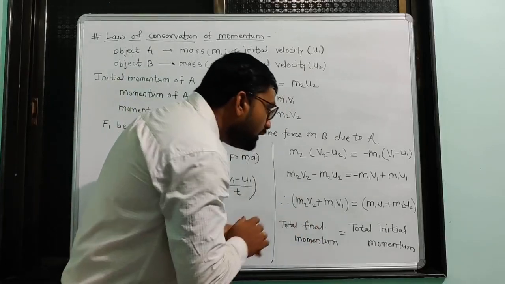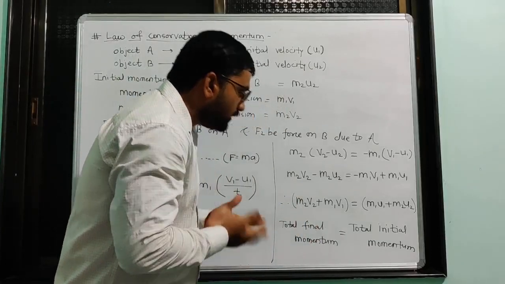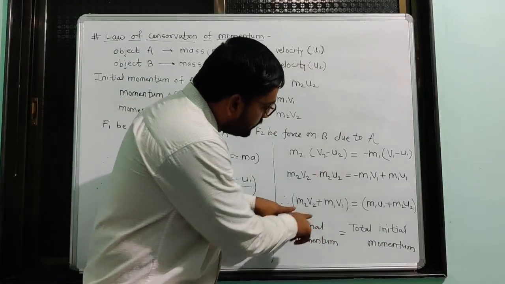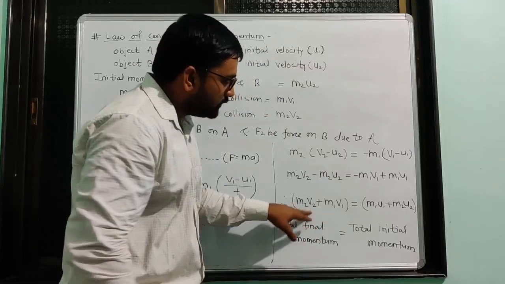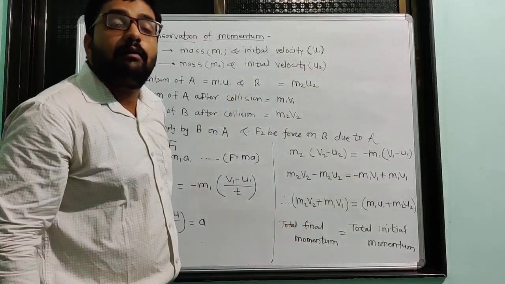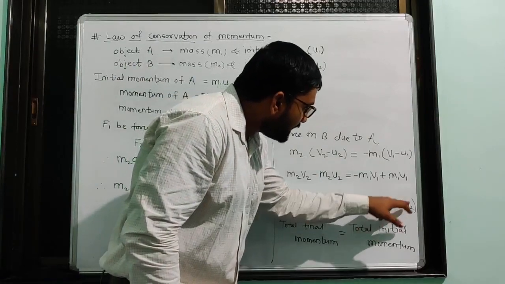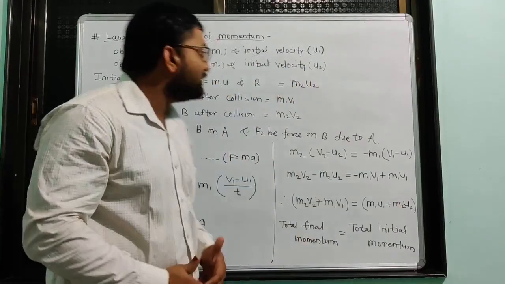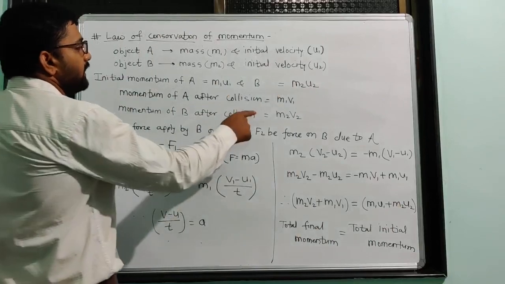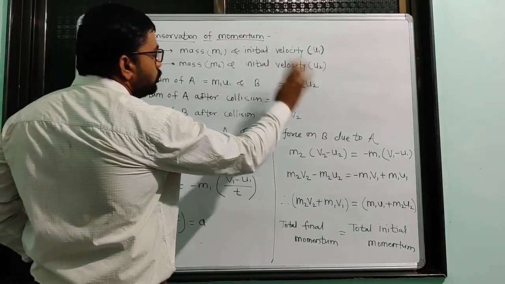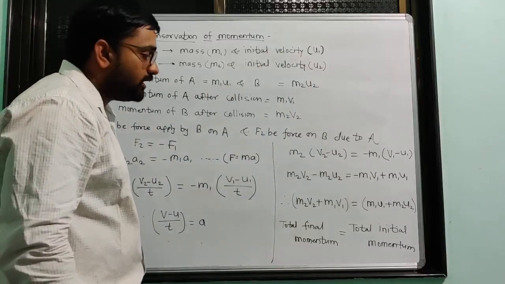So this is the total final momentum after collision, because v is the velocity after the collision, and m1 u1 plus m2 u2 are the initial momentum.